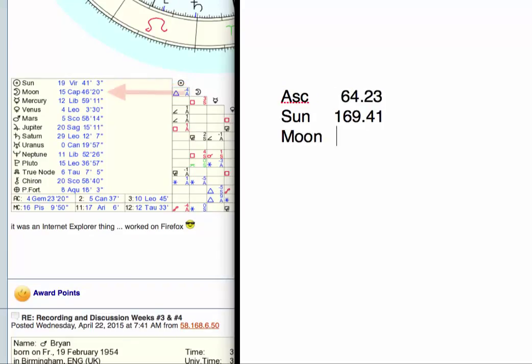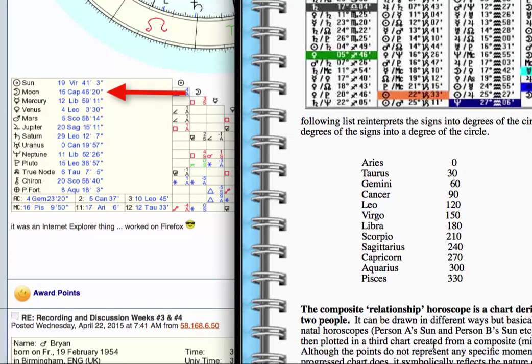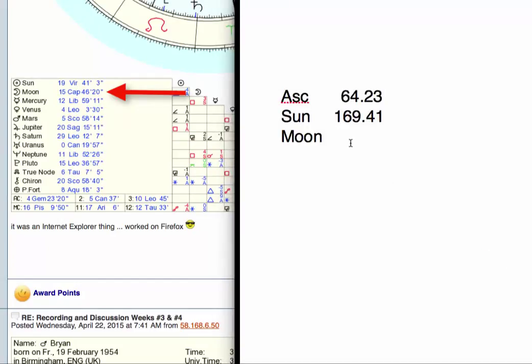The moon is in Capricorn, so let's have a quick look here. We know that Capricorn starts at 270 and it's 15 degrees, so we have 285.46. Okay, with this information, we're ready to do our calculations.